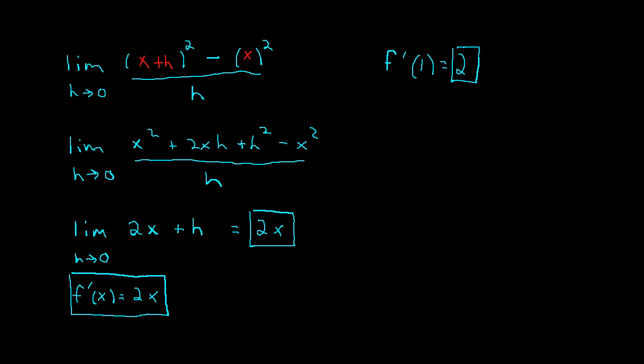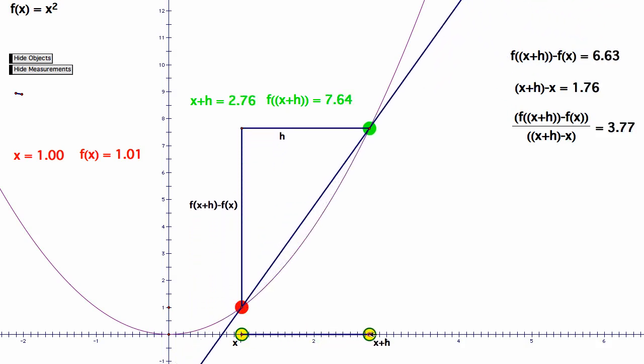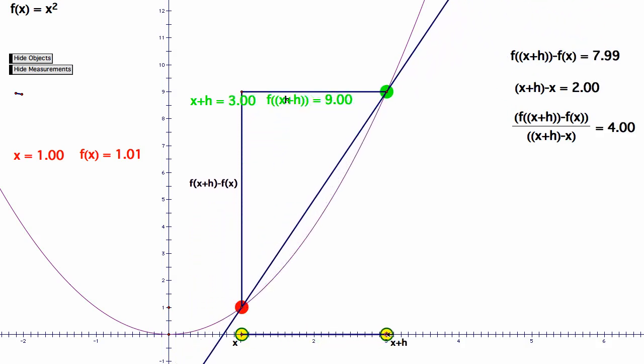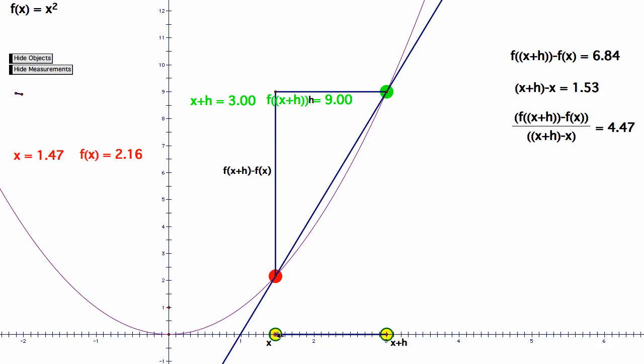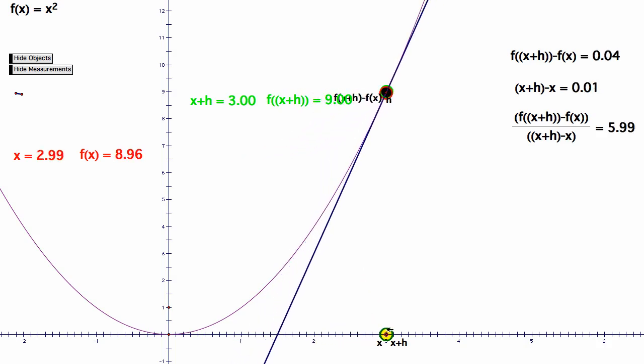Let's do one more to see if it really works. I know it does. I'm just doing it for kicks, I guess. Let's go to 3. If I go to 3, we're at 3 right here, and now we let h go to 0. Our secant line is becoming a tangent line, and the slope of that looks like it's right around 6.